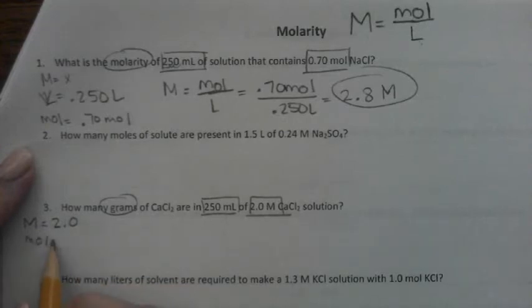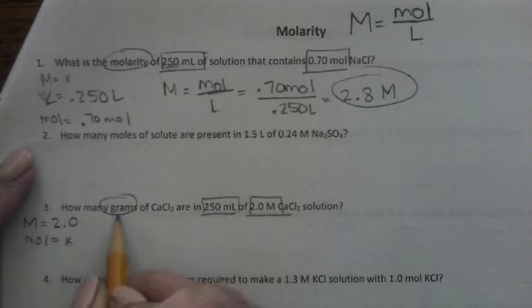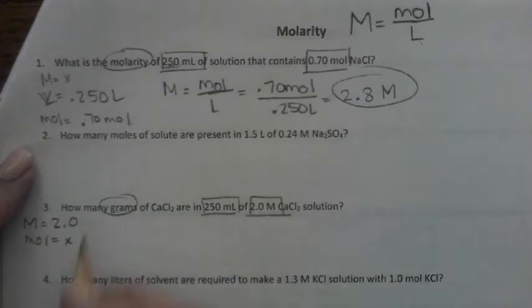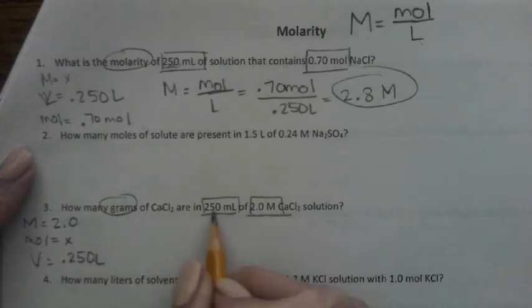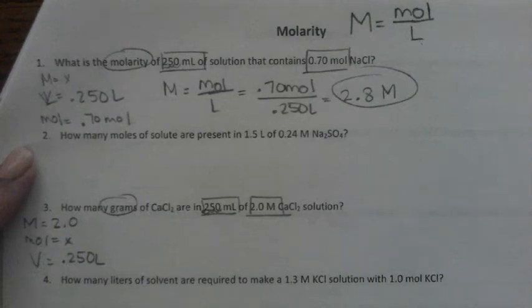Moles, I don't have. Once I get to moles, I can convert that pretty easily to grams by multiplying by the molar mass of calcium chloride. And my volume, I'm going to go ahead and convert it, 250 milliliters, 1, 2, 3 makes that 0.250 liters.